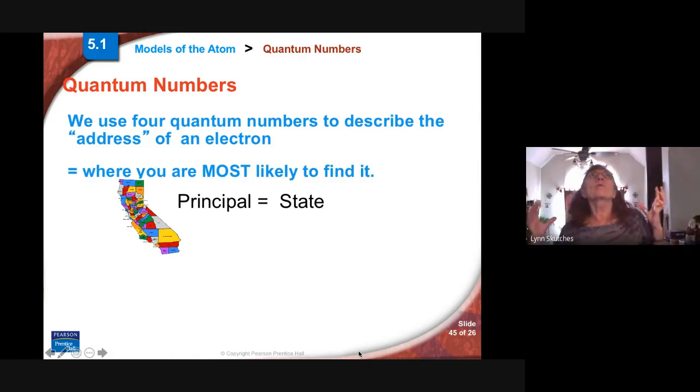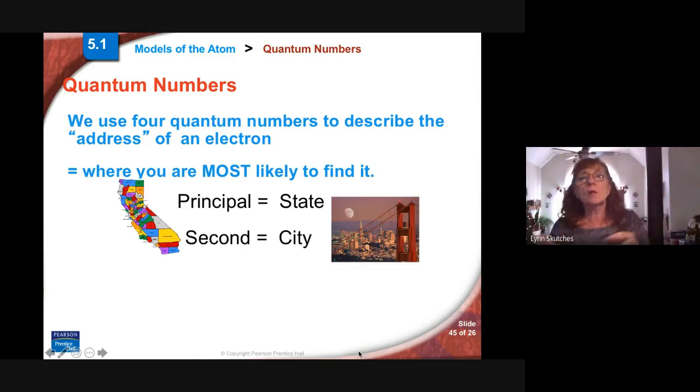In the world of atoms, there's only 7 states. There's 7 periods. The second quantum number is analogous to the city in your address. So in those 7 states, there's 4 cities.